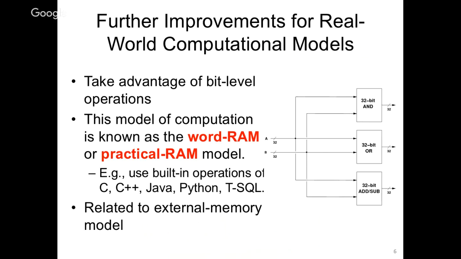So for example, you can do bitwise AND operations, you can do bitwise OR operations, adds and subtracts on these words, you can do exclusive OR operations, and those would all count as constant time operations. The things you could literally write as an expression in C++, Python, or T-SQL. And this is also related to the external memory model, where you would have all of your memory being allocated in blocks on a disk, but your internal memory computations can be as sophisticated as you want and even operate on the bits if you want to.